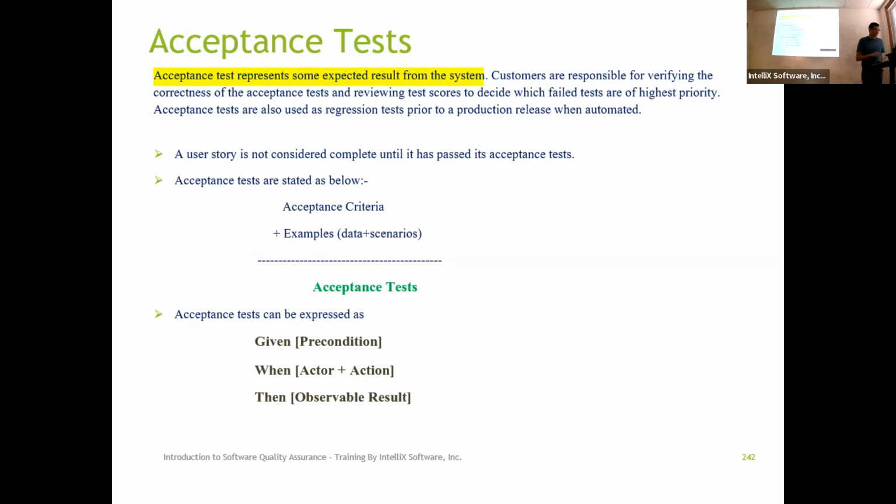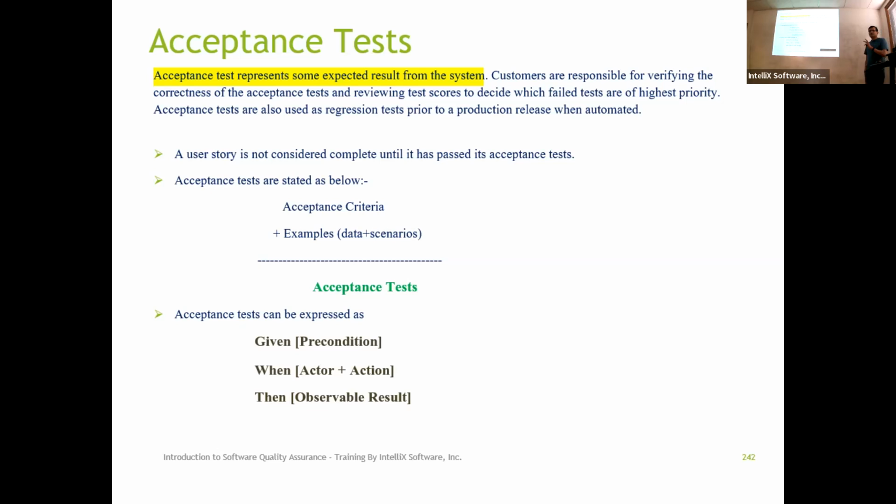The acceptance test represents some expected result from the system. It basically talks about how the system should behave and how it should function.